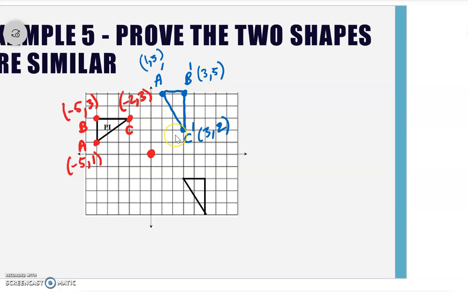And in quadrant 1, x and y are always positive, right? So you don't really have to remember the signs too much if you know what quadrant you're going to be in. If you know you're in 2, x is negative, y is positive, and so forth, right? So same goes for B prime and C prime. See how that works? Now you can see we're at the same orientation here.